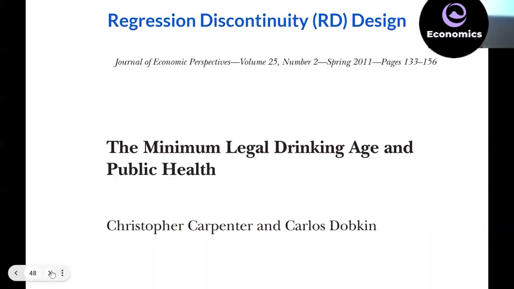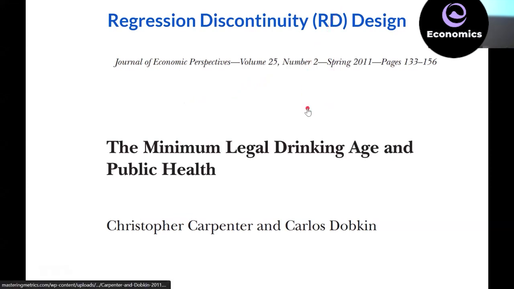Okay, so that gives you some idea of a really useful method, regression discontinuity design, in terms of answering some positive research questions. And here is another example where people are trying to figure out whether minimum legal drinking age matters for public health, in particular traffic accidents.